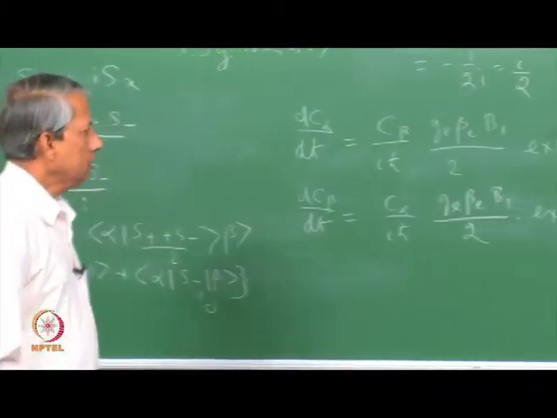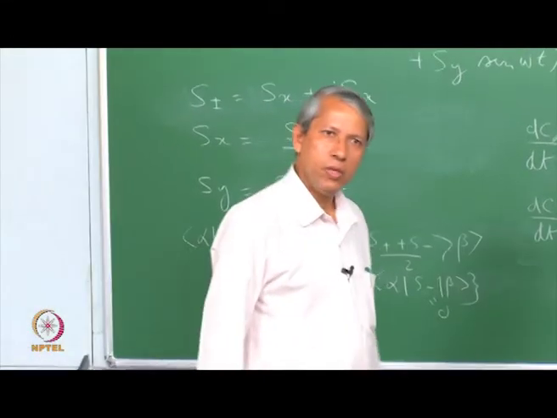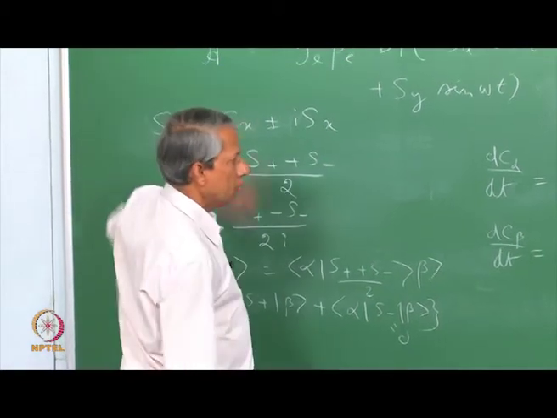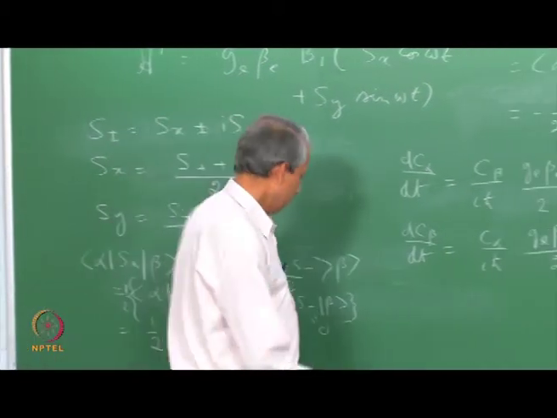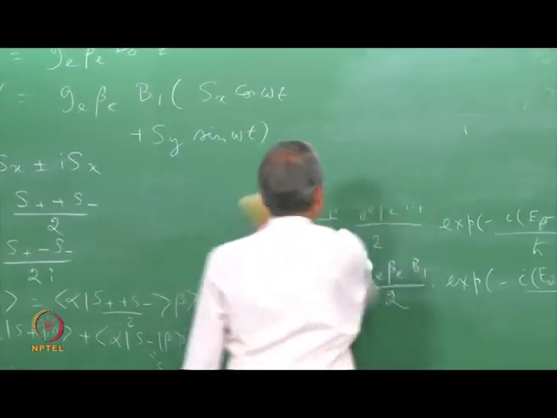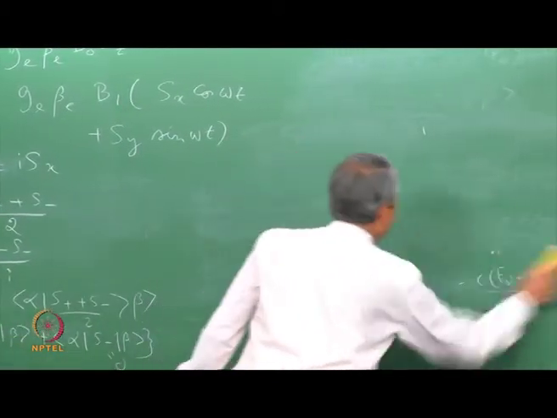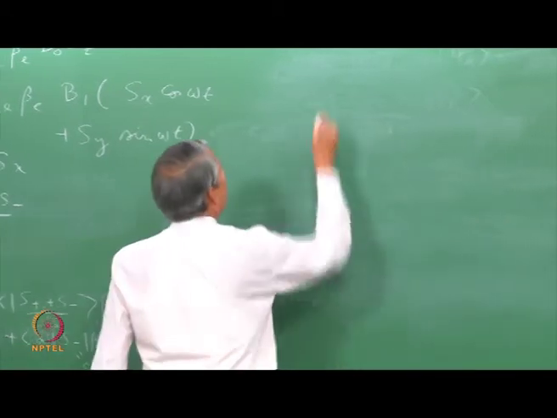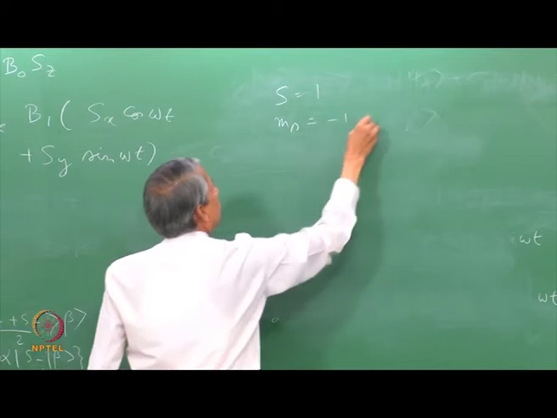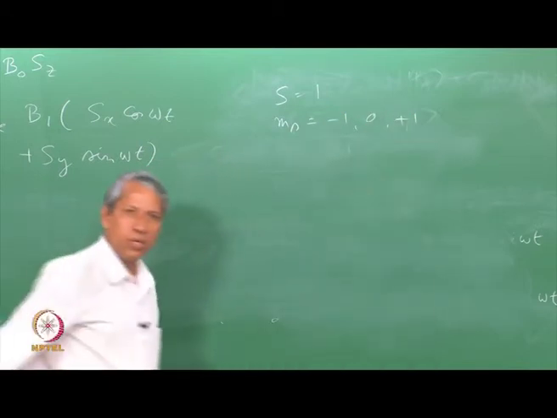Now, this can be generalized to spin which is more than half. Here the description was based on only s equal to half, so you have a 2 level system. But if we have, let us say, s equal to 1, then ms will be minus 1, 0, plus 1, a 3 level system.